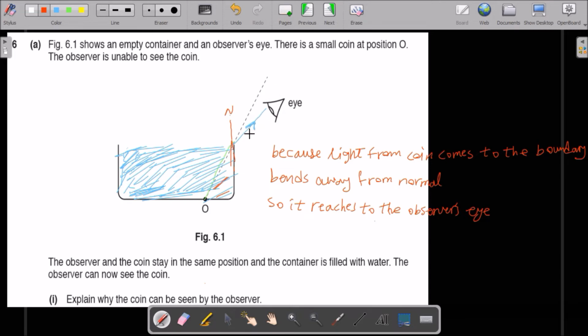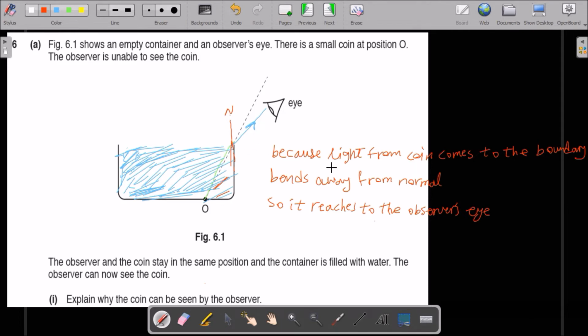That's why the observer's eye can see the coin, not at position O, because of apparent depth, the position of the coin will be changed a little bit. But now the observer's eye can see the coin, or you can say can see the image of the coin.